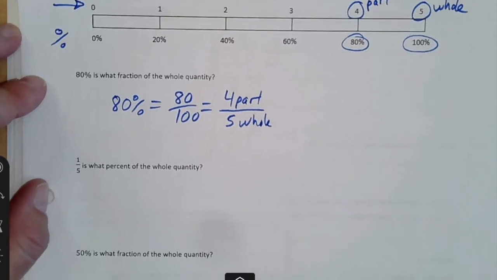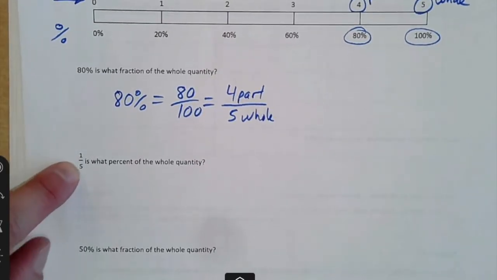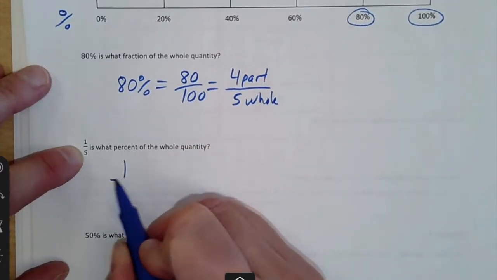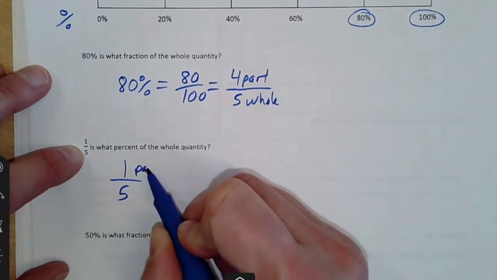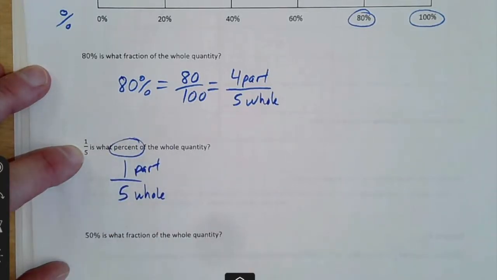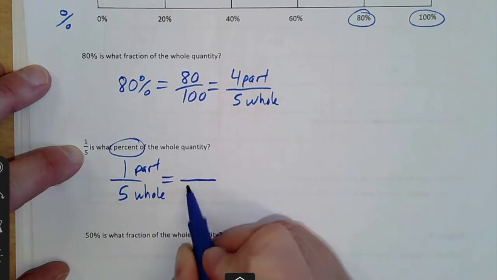So could we use this to figure out 1/5 is what percent of the whole quantity? So 1 out of 5. 1 is the part, and 5 is the whole. So they want to know what percent, right? A percent is a number out of 100.